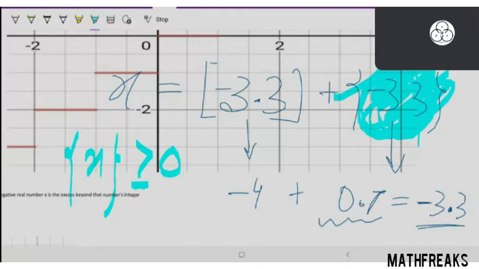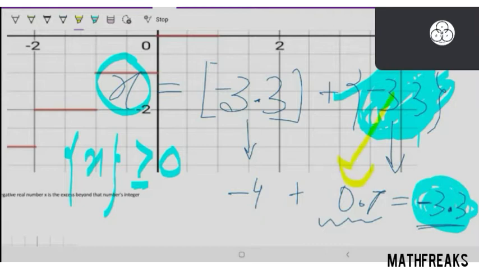Now when it's equal to 0, whether we put x negative or positive, because here in this case x was negative, this was -3.3, which is a negative number. But for the fractional part, if we can see, then the fractional part is positive, right?